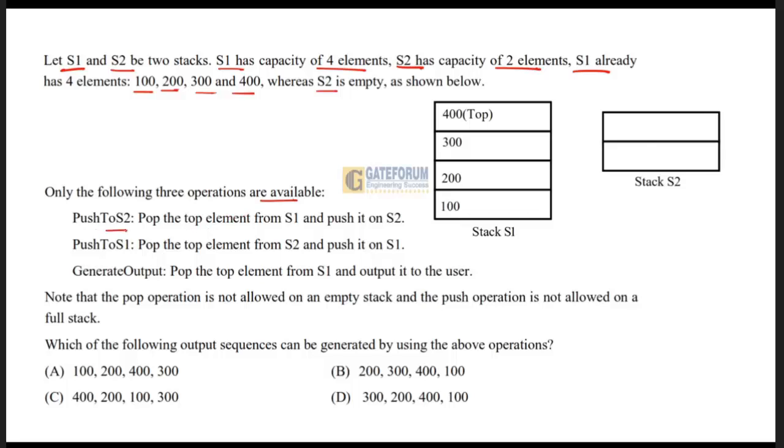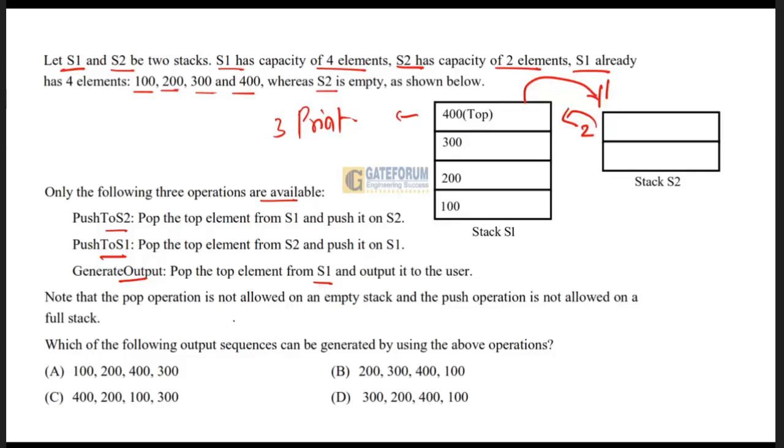Only the following 3 operations are available. What operations can we perform? We can push to S2, meaning we can push some elements to S2, and push to S1. We can further push some element from S2 to S1. So the first operation we can do like this, the second operation we can do like this, and the third operation is generate output, meaning we can print the topmost element from S1.